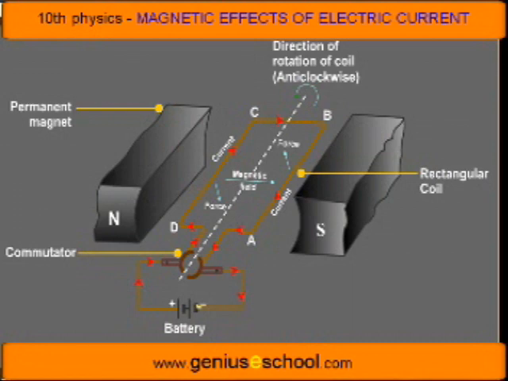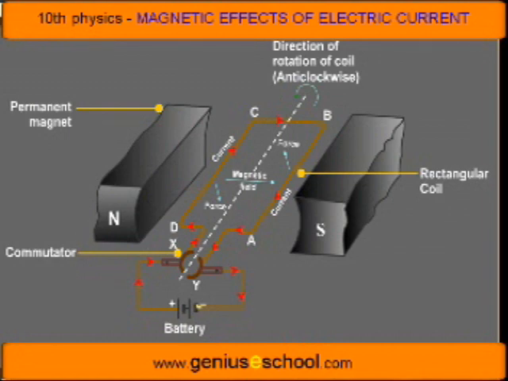A device which reverses the direction of current through a circuit is called a commutator. The two ends of the coil are soldered permanently to the two half rings X and Y of a commutator. End A of the coil is welded to part X of the commutator and end D of the coil is welded to part Y of the commutator.